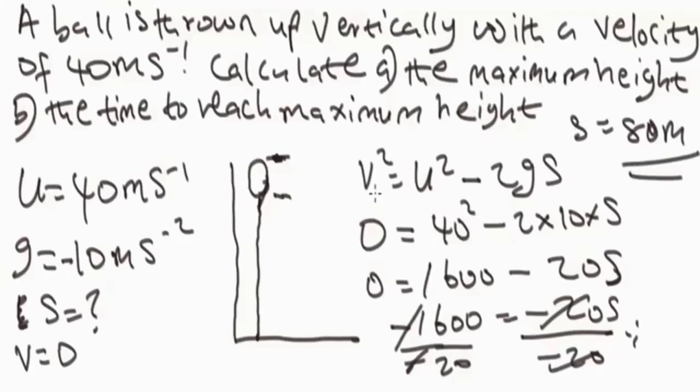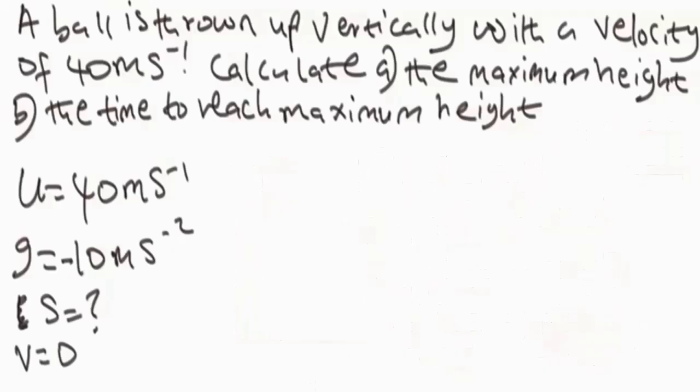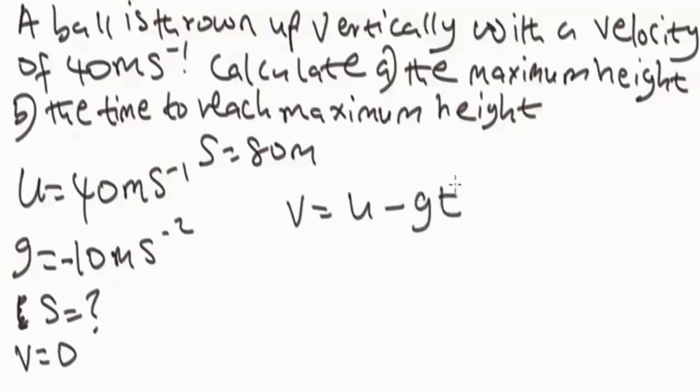Right, now to calculate the time, very simple. Remember, now our x will be 80 meters. To calculate the time, we can use v equals u minus gt.